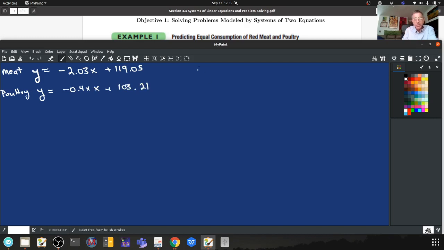So what we're going to do is approximate. We're going to round the numbers here to the nearest tens. So 119.05 is going to be approximated to 120, and 103.21 is going to be approximated to 100.